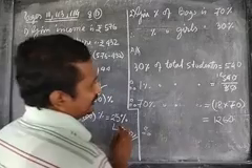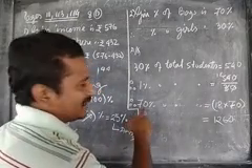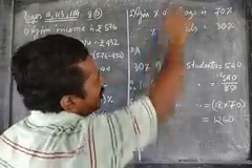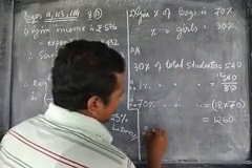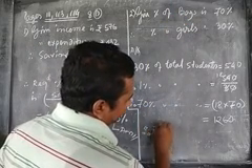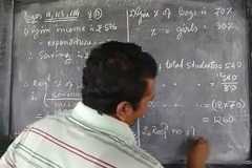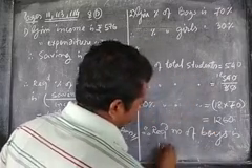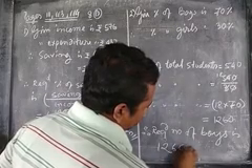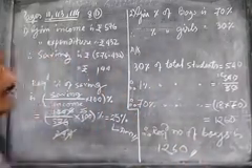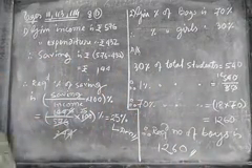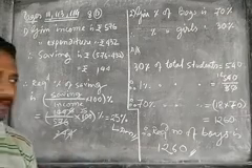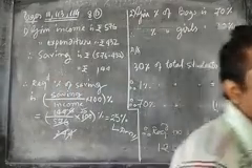Therefore, what is the 70%? The 70% stands for the number of boys. So the required number of boys is 1260. This is the end of question number 2. Let me stop this video here because we have to send it by WhatsApp, my dear students.